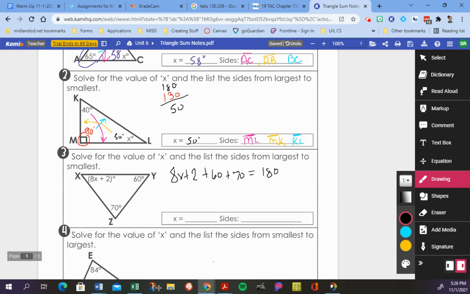So when we set that up, we put it in the calculator. I'm going to do it by hand real quick. You're probably going to do it in the calculator a lot faster than I am. That's 110. That's 50 degrees, 48 degrees. Divided by 8, so X is 6.